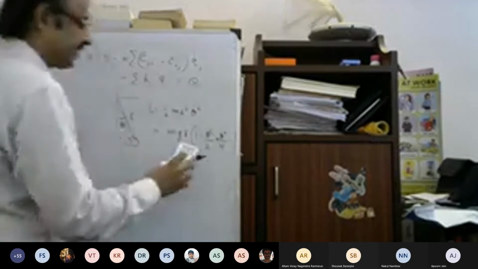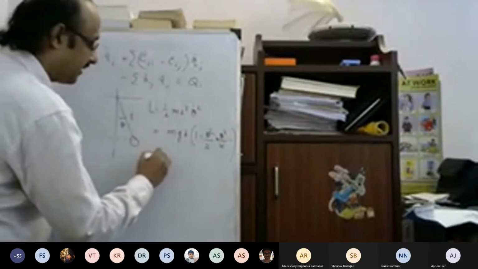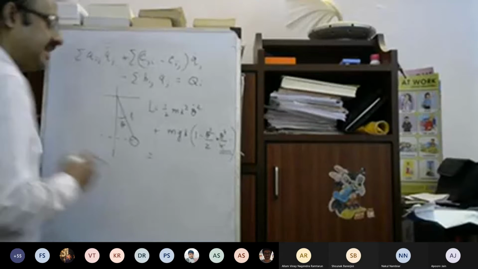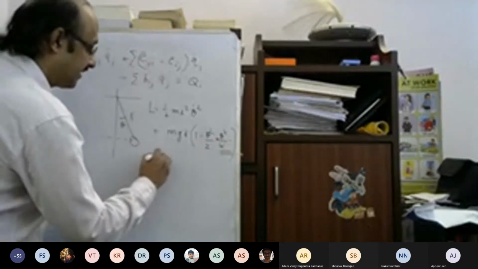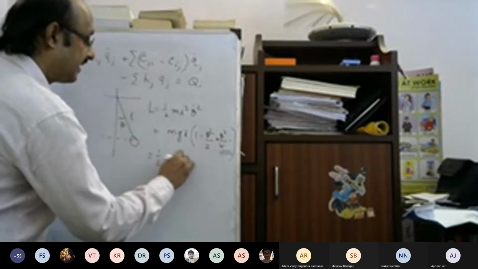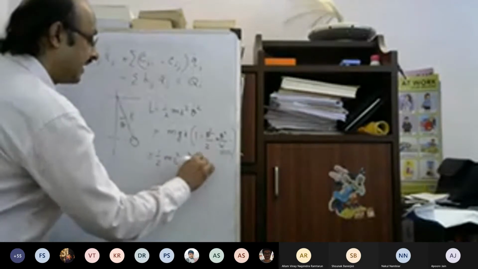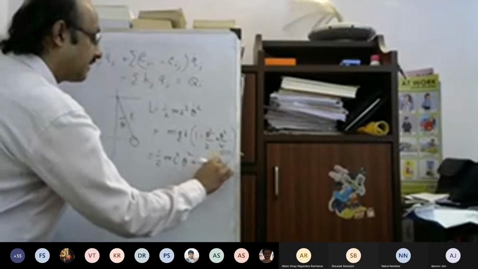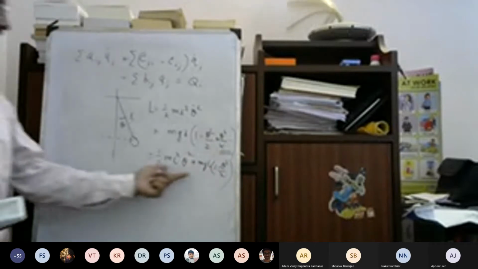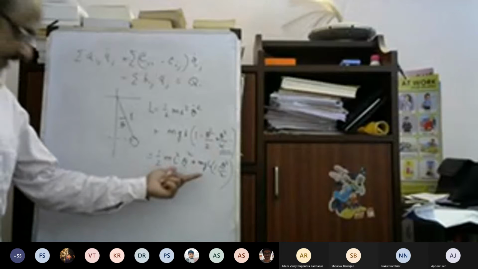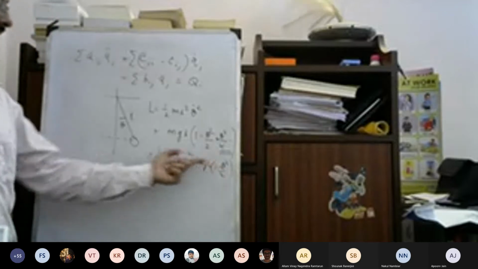So linearization will be possible when these terms are neglected. That means if you consider the Lagrangian to be half ml square theta dot square plus mgl times 1 minus theta square by 2, then it becomes a quadratic expression in terms of theta and theta dot.